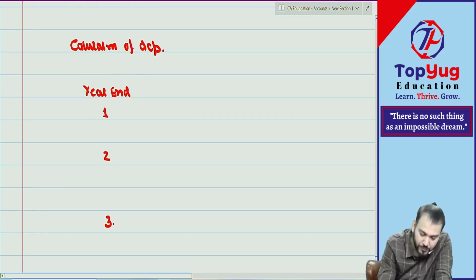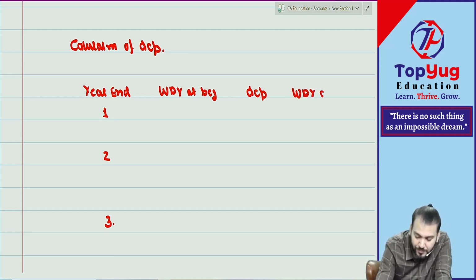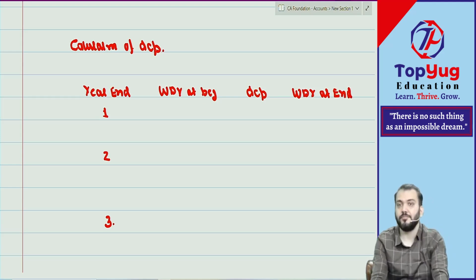Then WDB at beginning, then depreciation. This will become WDB at year end. Understood what I am saying?